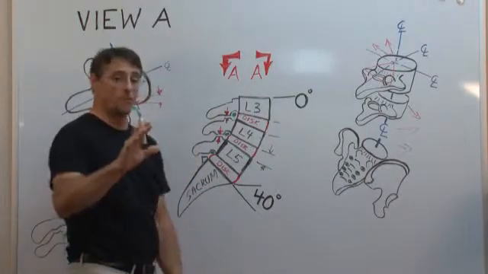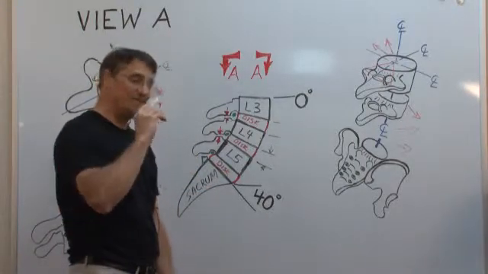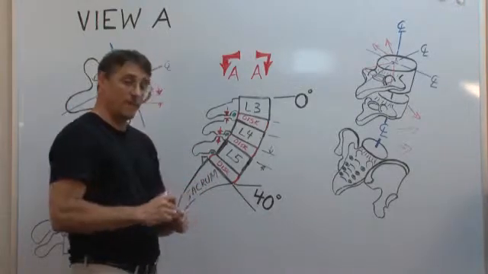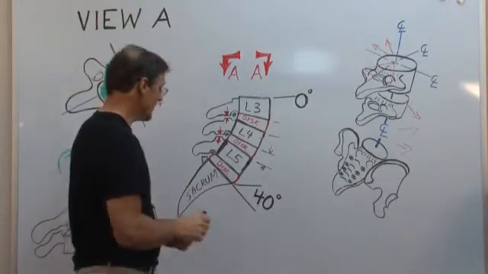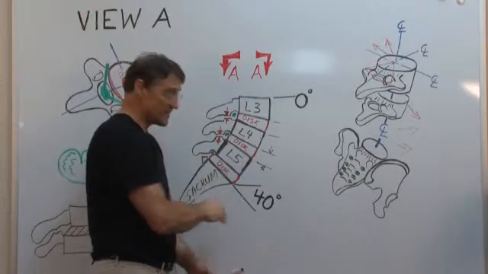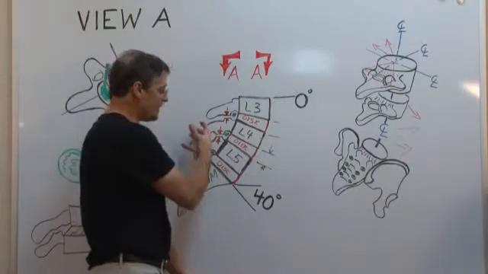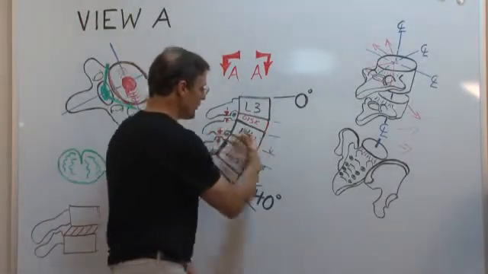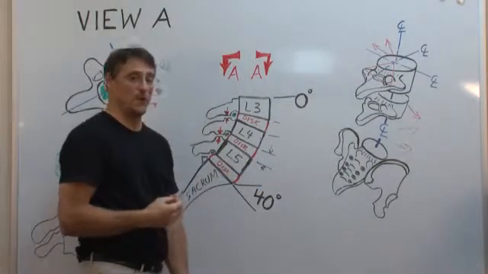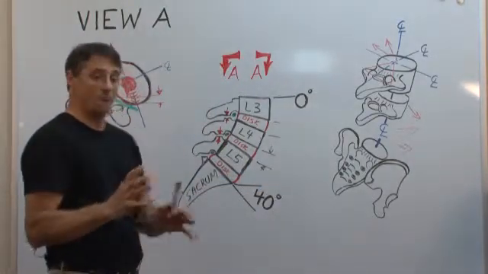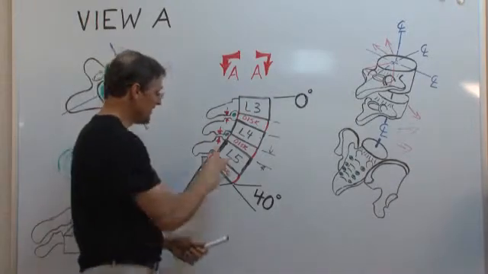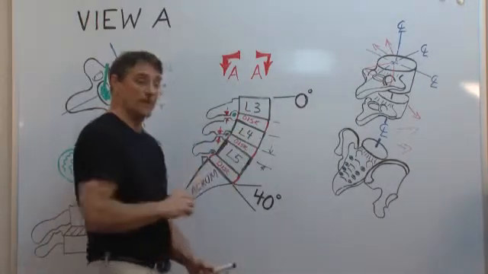But even more importantly than that, we get a very serious mechanical fault. What I mean by that is, remember, this sacrum is at a 40-degree angle. Gravity wants to pull this lower structure forward into the abdominal cavity. So the most common presentation is that the disc starts to lose its integrity.